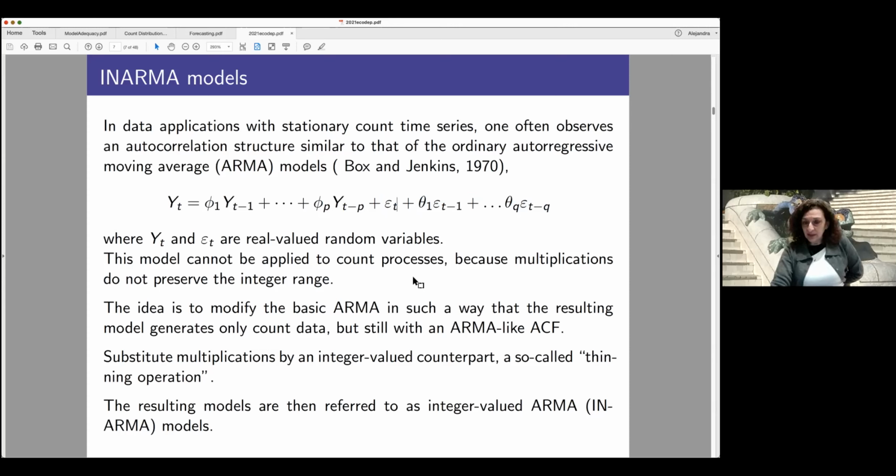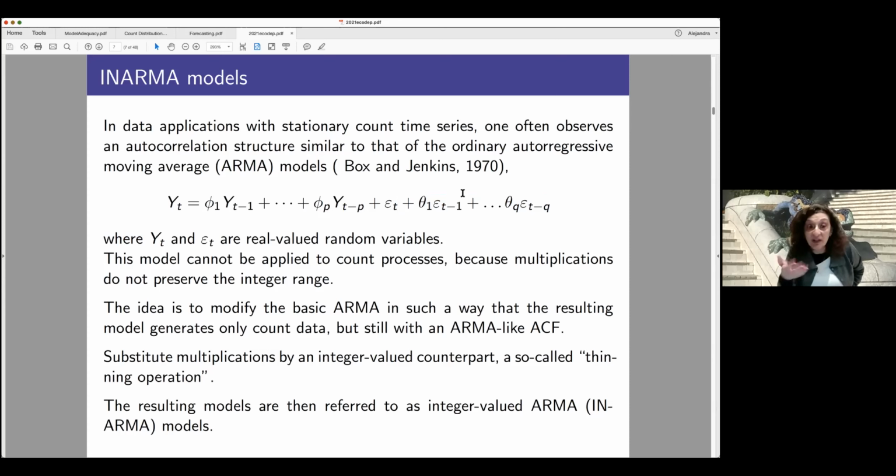And these cannot be directly applied to count processes because, in order to get stationary processes, for instance, if you only have an ARMA with one lag dependence on the past, and you don't have the dependence of past noises except the actual innovation in time t, which is supposed to be Gaussian in Box-Jenkins case.